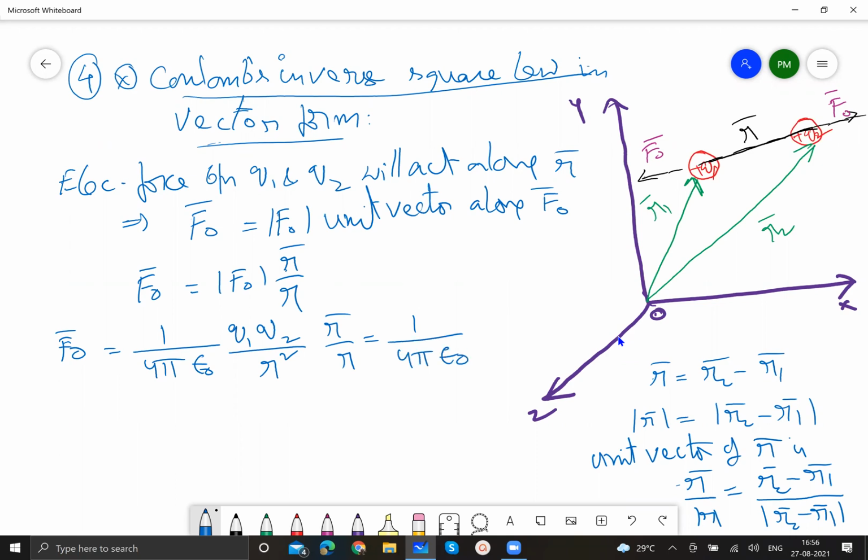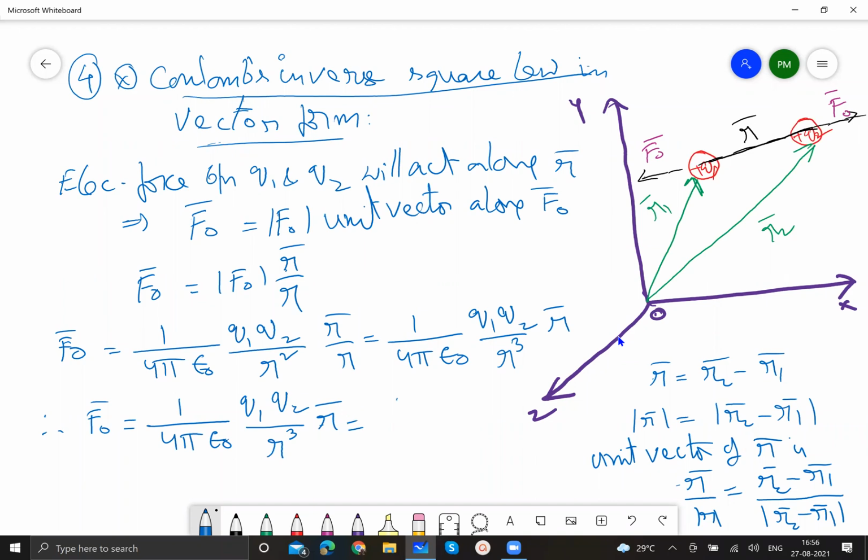So 1 by 4 pi epsilon 0 into q1 q2 by r cube into r bar. Therefore, you can write F naught bar is equal to 1 by 4 pi epsilon 0 into q1 q2 by r cube into r bar.